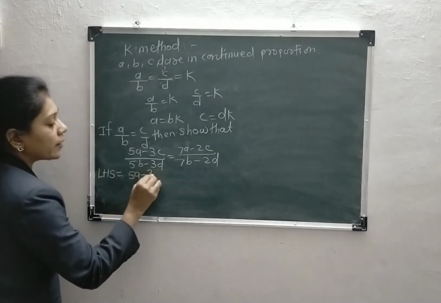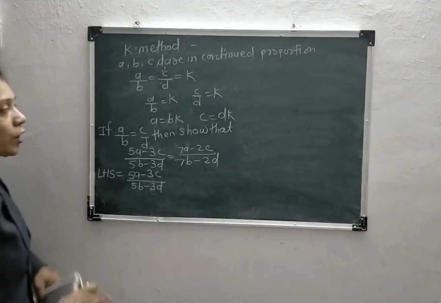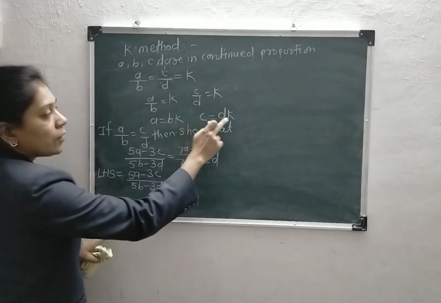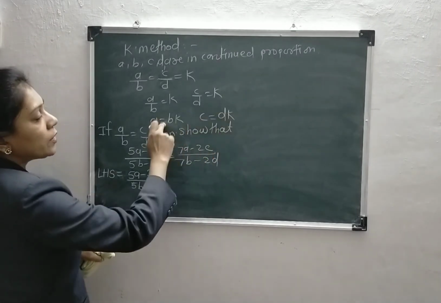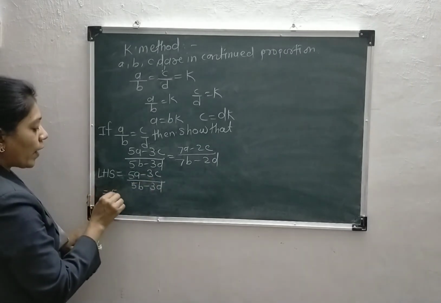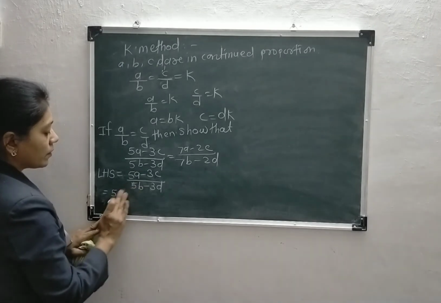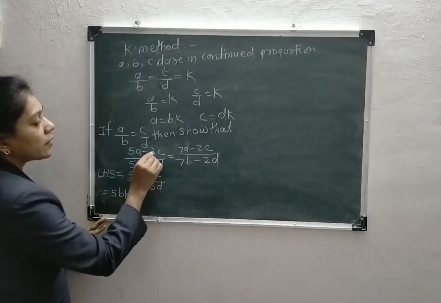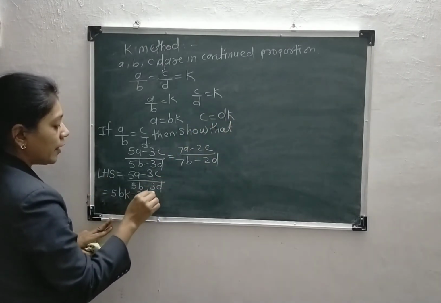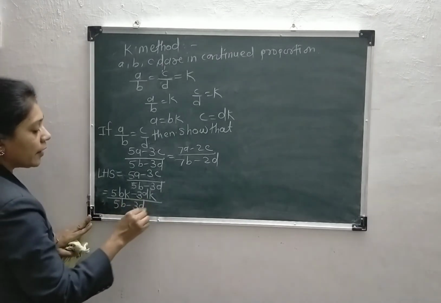(5A minus 3C) upon (5B minus 3D). What is our A value? A value is BK and C value is DK. Then substitute these values in place of A and C. So 5 into BK, 5BK, minus 3 into C means DK, 3DK, upon 5B minus 3D.